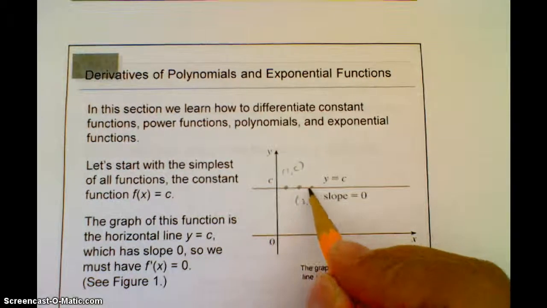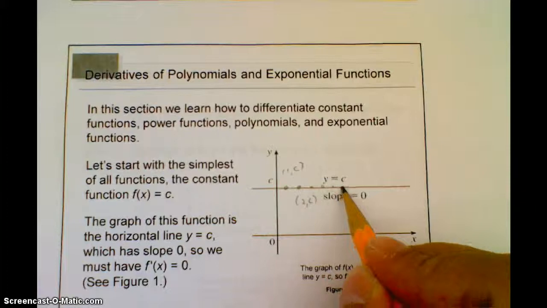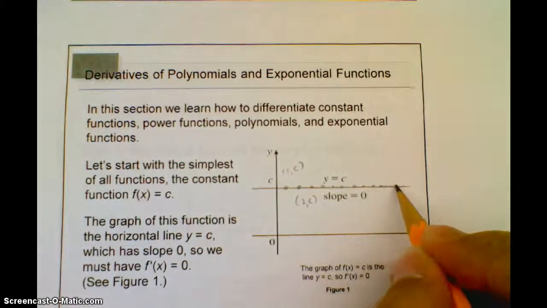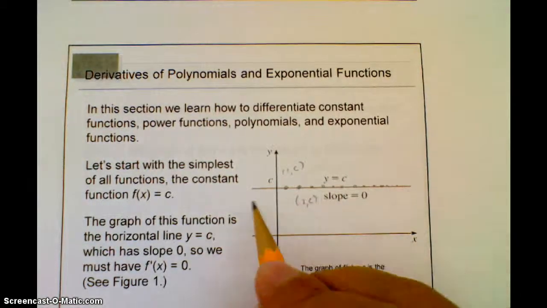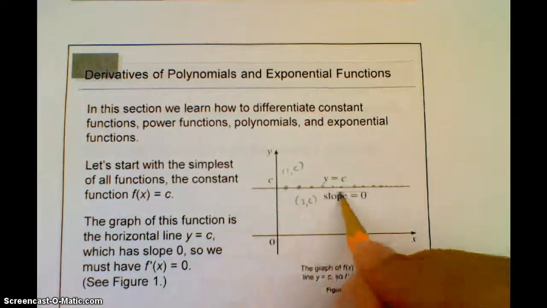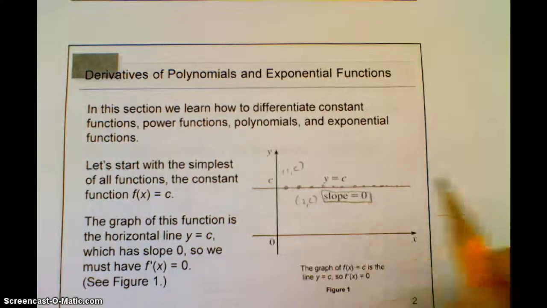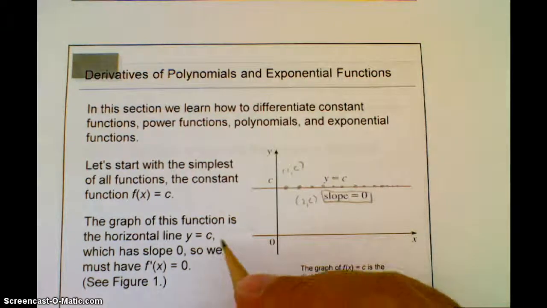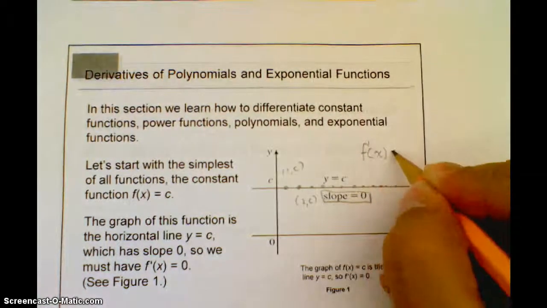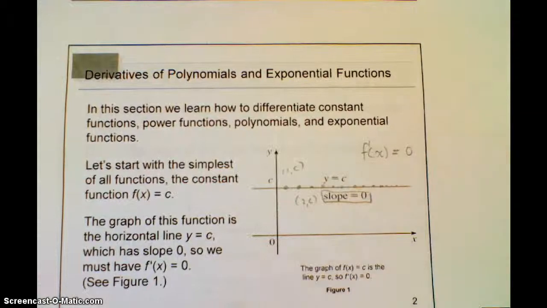So that's why the slope of every single tangent line for every point on this line happens to be the line itself. Now, this slope in particular happens to be 0 because it's a horizontal line. So therefore, no matter what the x is, f prime of x for a function like that is 0.